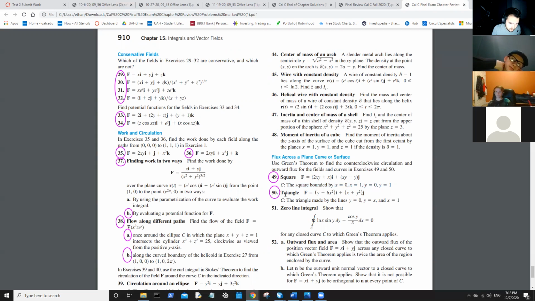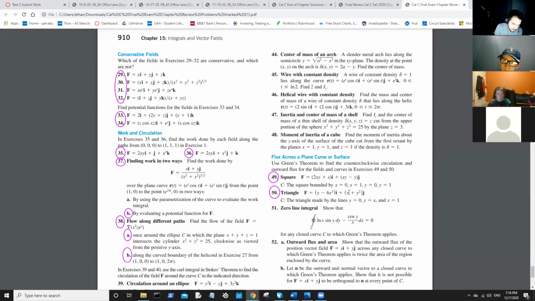All right, so if you wanted a triangle, just keep going with the triangle, because it's the same process as square, just different bounds. I already wrote the stuff down. Yeah, but we don't know the answer to 50. Shit, you're right. All right, fine. Square it is. F is equal to 2xy plus x times i plus xy minus y times j.